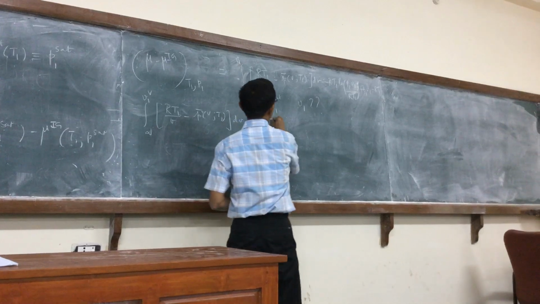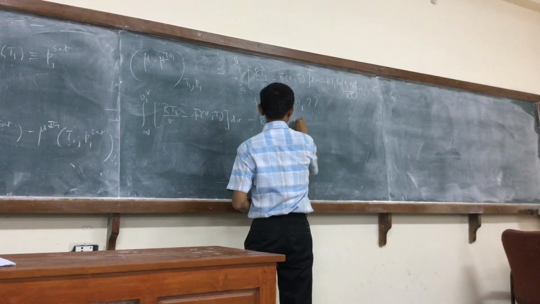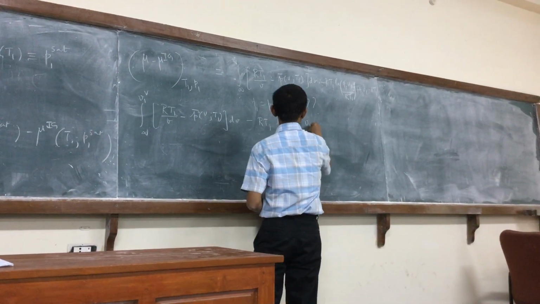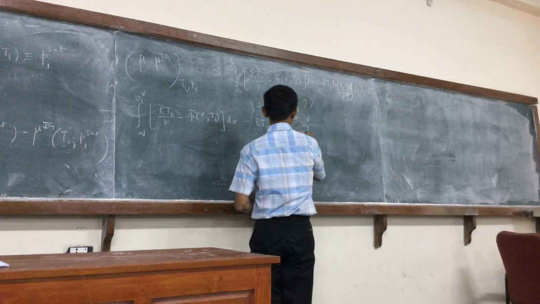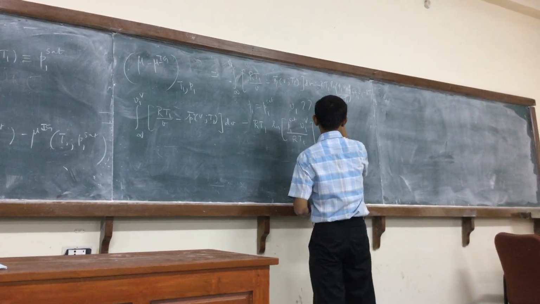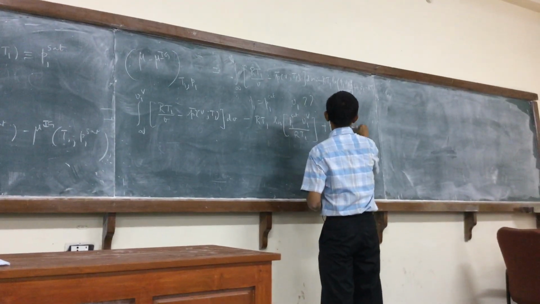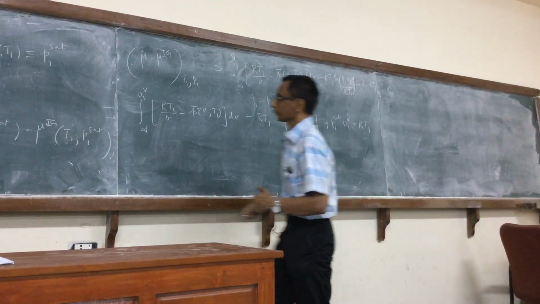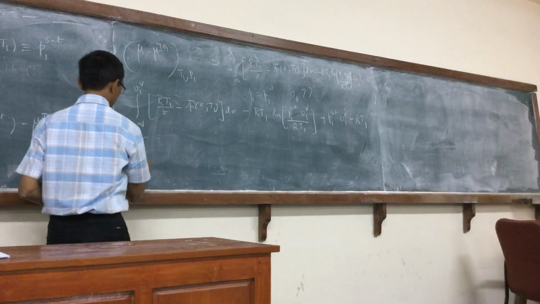Minus RT1 logarithm of P1 sat V1V by RT1 plus P1 sat V1V minus RT1. This is equal to the left hand side.